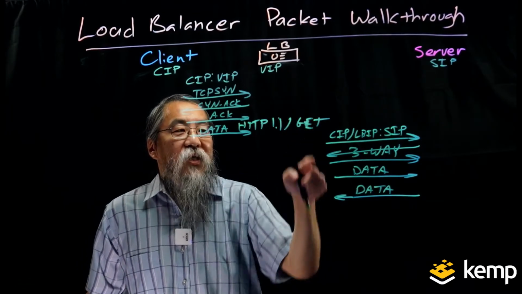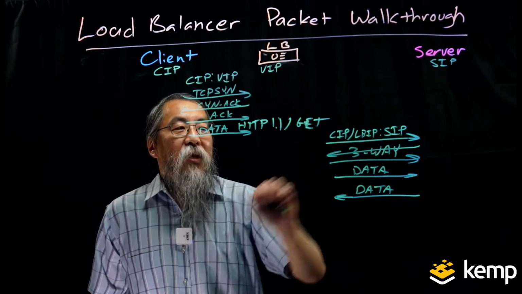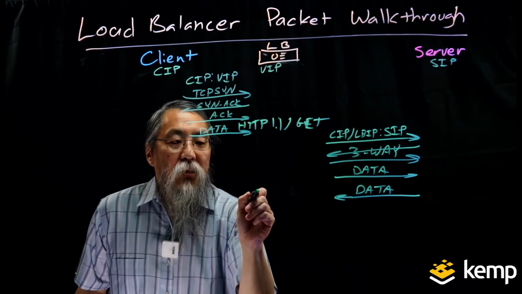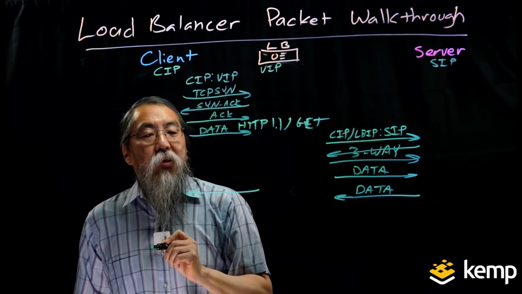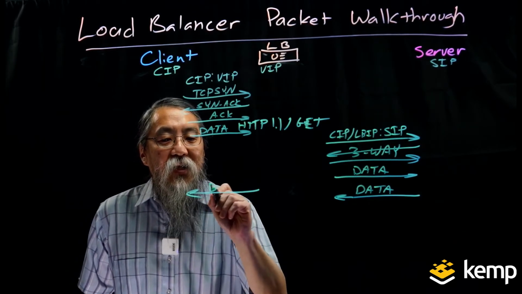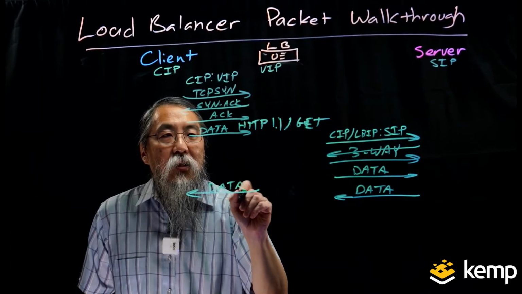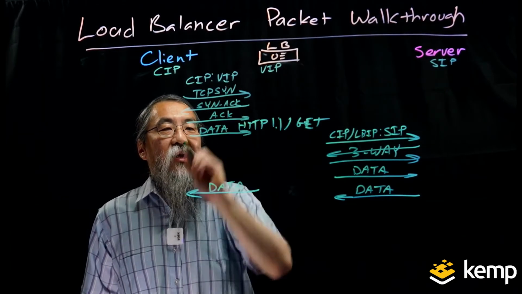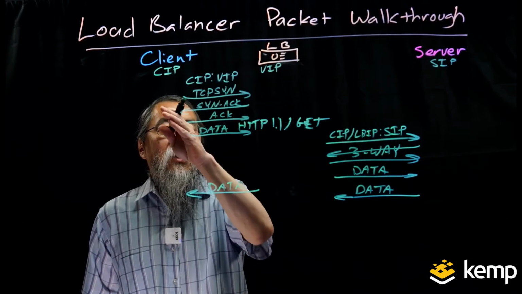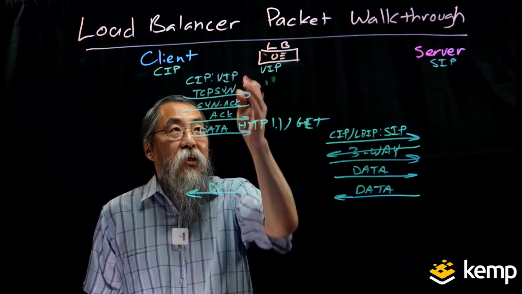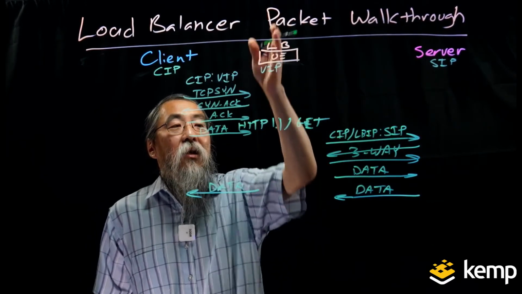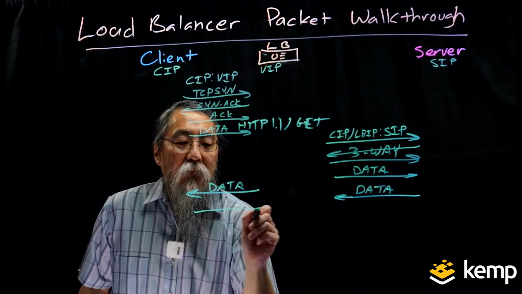The load balancer is going to take that data, take these IP addresses, and do the NAT, network address translation, and send that data to the client using the client IP and the virtual IP address as the destination and source. So it's doing IP translation for the entire connection.